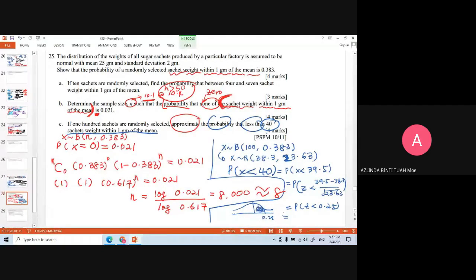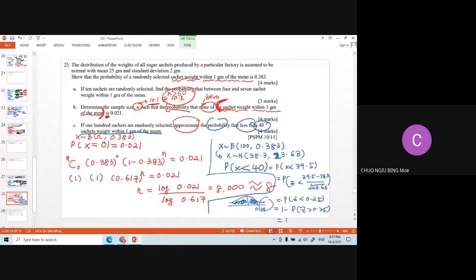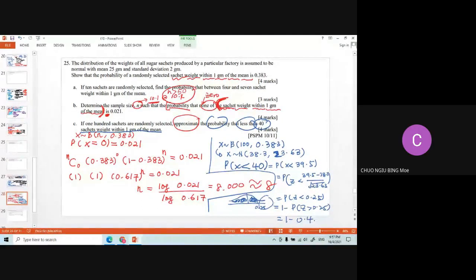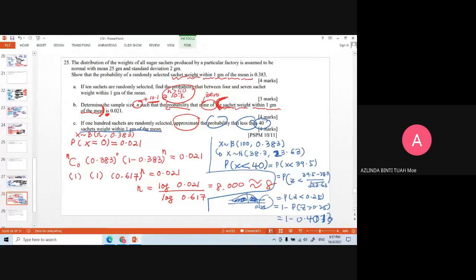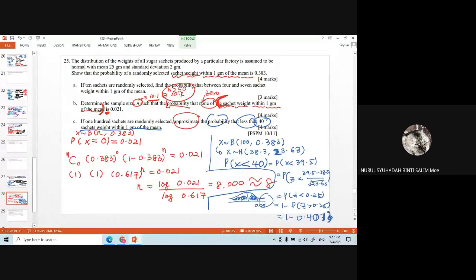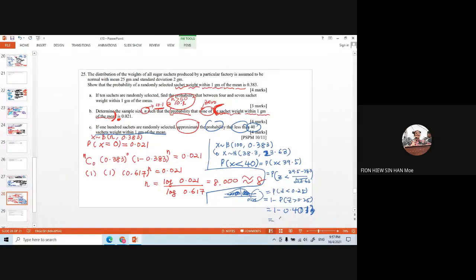Sebab bahagian positif pun minus, negatif pun minus juga. So 1 minus P(Z greater than 0.25). From table 0.25 is 0.4013. Okay, the answer is 0.5987.